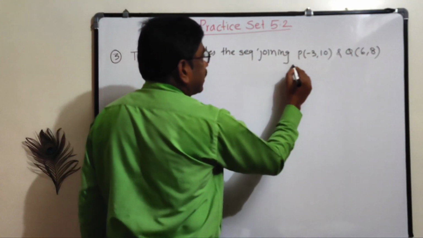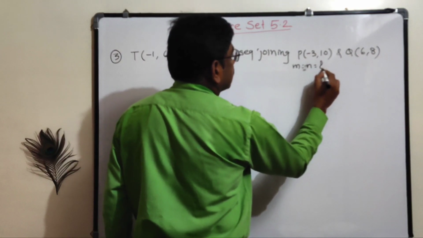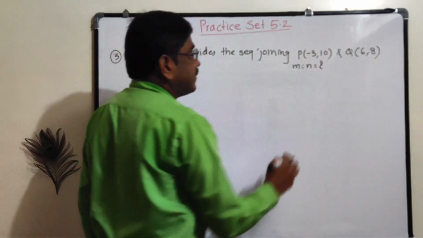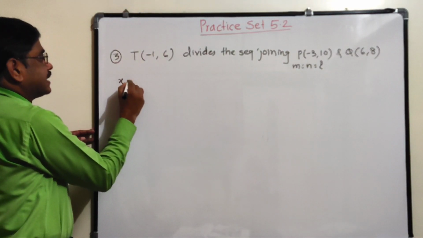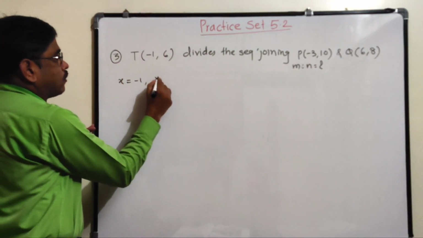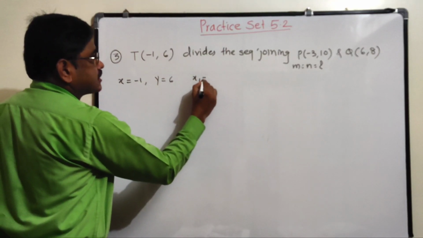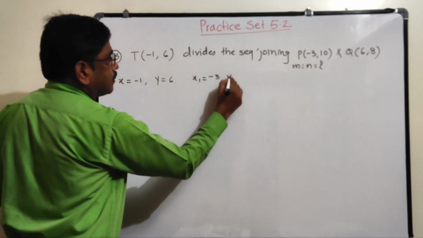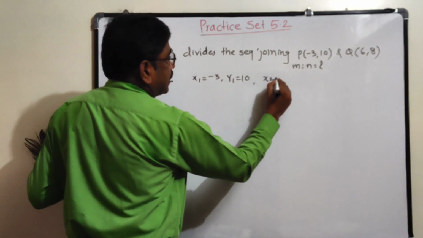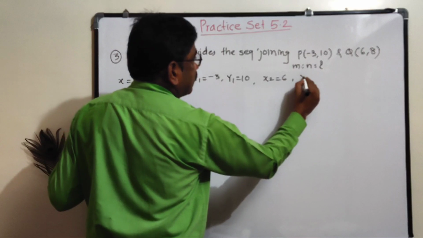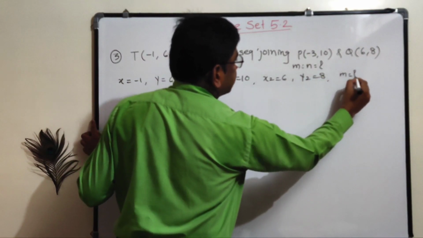Then find m is to n, means in which ratio it divides. So here x coordinate is -1, y coordinate is 6, x1 is equal to -3, y1 is equal to 10, x2 is equal to 6 and y2 is equal to 8. Then find m and n.